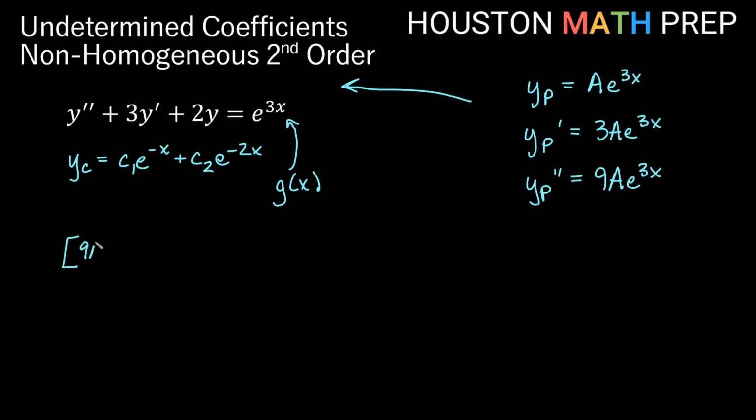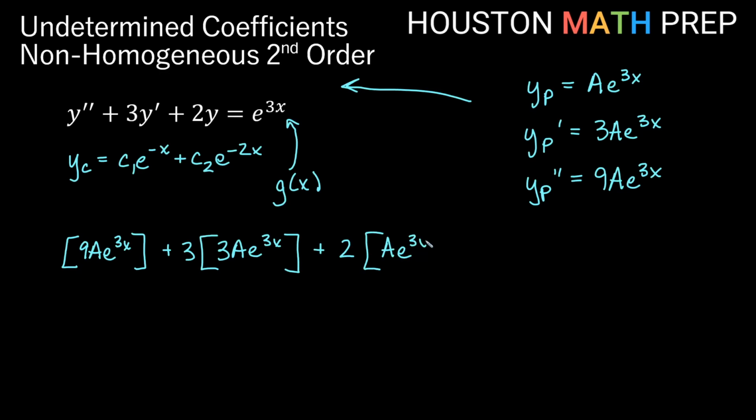So we'll get 9a e to the 3x plus 3y prime is plus 3 times 3a e to the 3x plus 2y, so we get plus 2 times a e to the 3x is equal to e to the 3x.